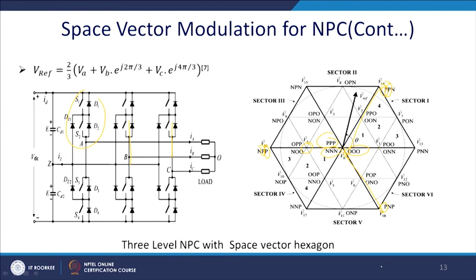So, we can find out the voltage V and theta. Let us say you are here, and I have shown it is here. What happened here is that you can think of this voltage as being made of V1, V7 and also V13.